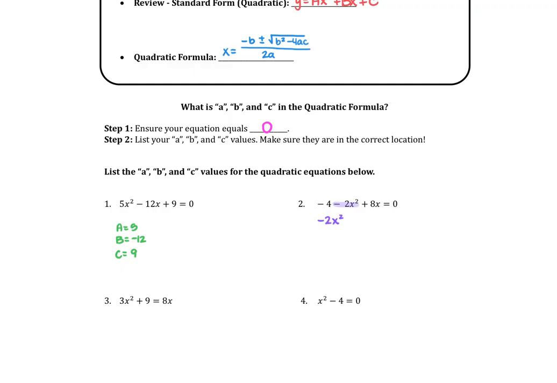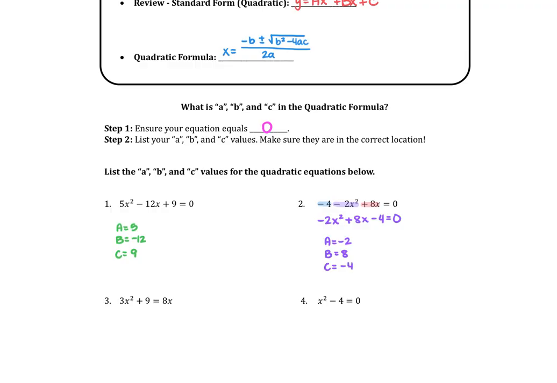Then I'm going to take my next term of 8x and write that second. And my whole number that has no variable at all will be my third value. Notice I took the signs that were in front of them with them. So that would make my a value negative 2, my b value a positive 8, and my c value a negative 4.